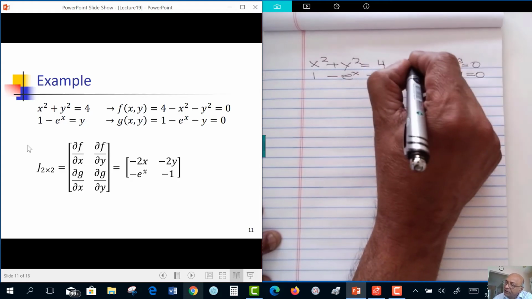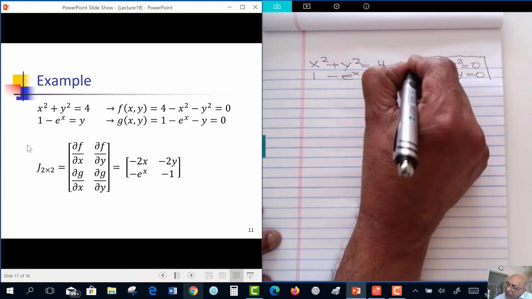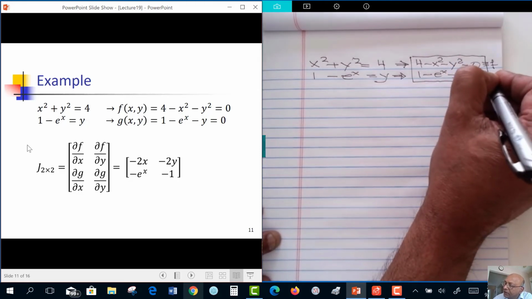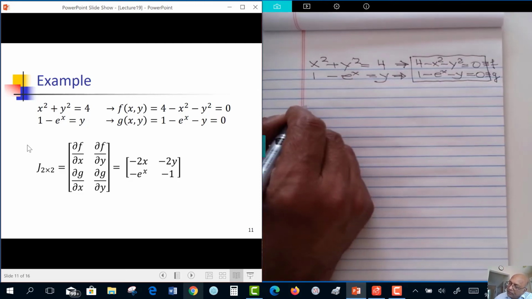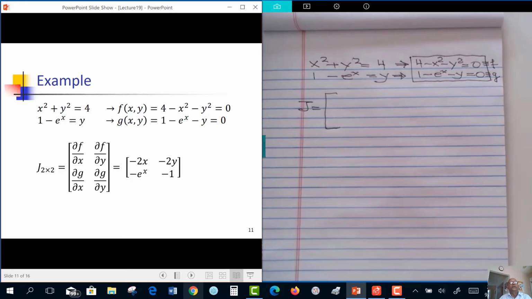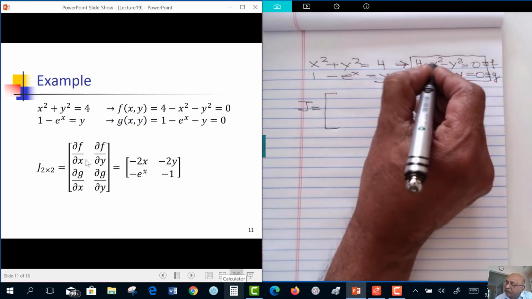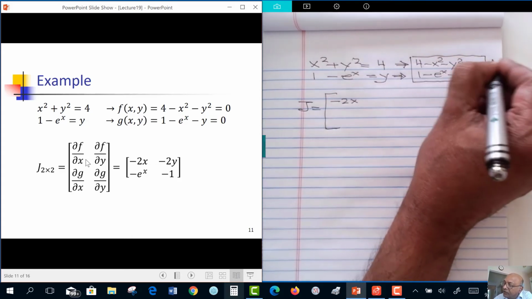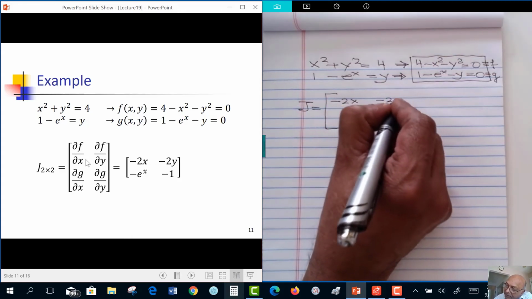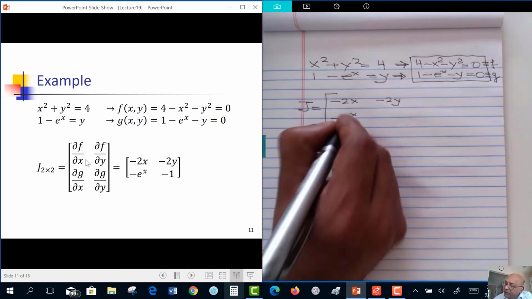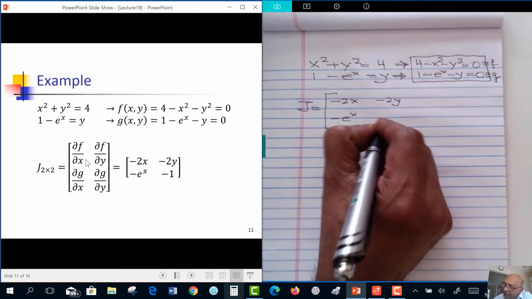So of course, these are our two equations in two unknowns. This is our function f, this is our function g. Our Jacobian is going to be partial derivatives. So here is our equation. I'm going to take the partial derivative of this with respect to x, partial derivative of this with respect to y, partial derivative of this with respect to x, partial derivative of this with respect to y.